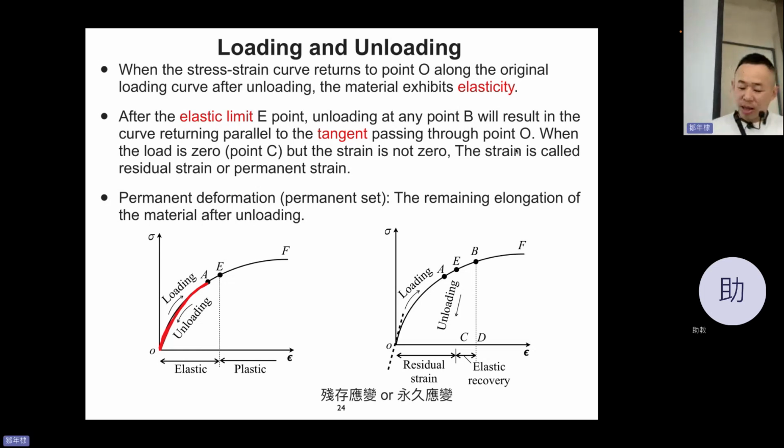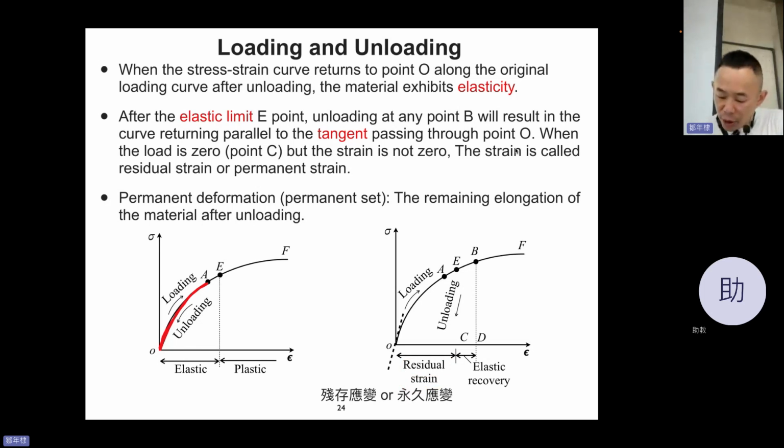As long as you pass that point, it cannot go back to its original shape along the same path. If you pass the elastic limit, after this point they are not elastic anymore, so permanent strain or residual strain will occur.